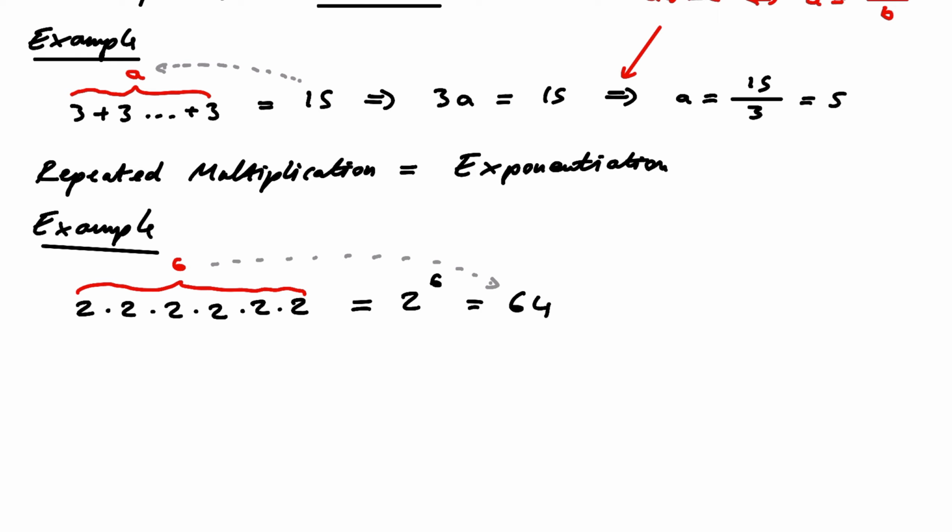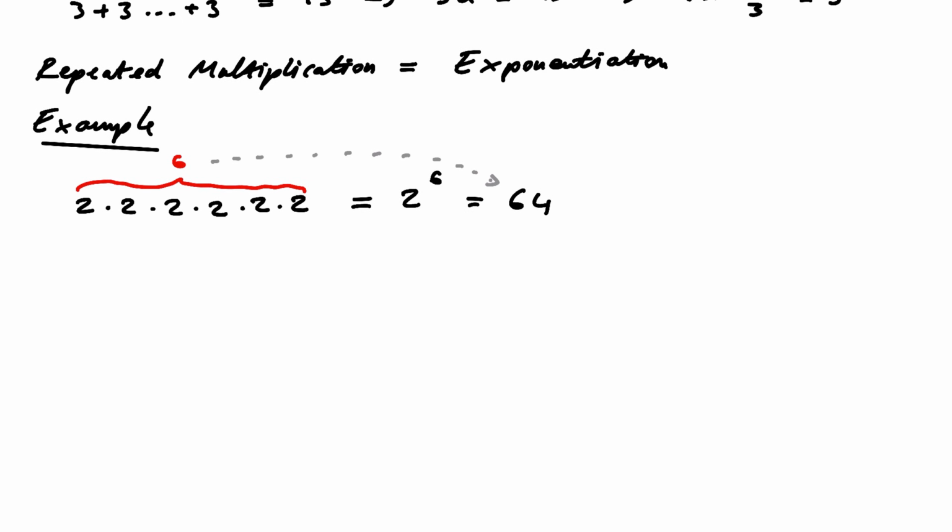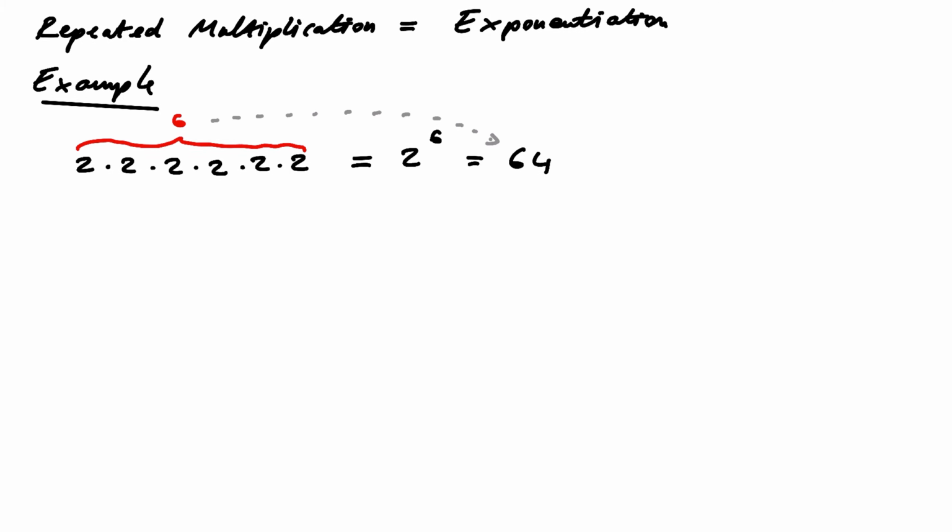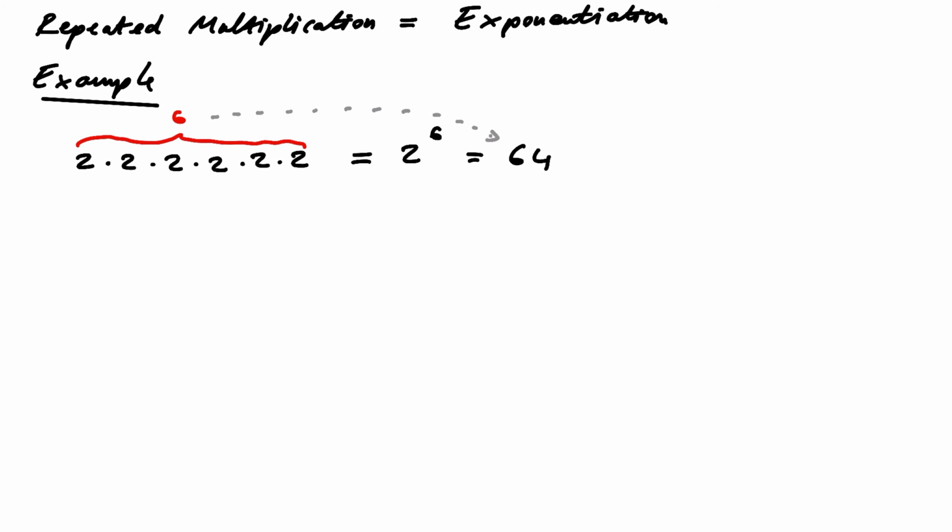The reverse process would be going backwards, essentially going from 64 back to 6. This reverse process is the reverse of exponentiation, and that's not something we've encountered before. Previously, it was multiplication, so the reverse was definitely division, which you're very used to. But the inverse of exponentiation is something new. So that's what logarithms are. They're the inverse process of exponentiation.